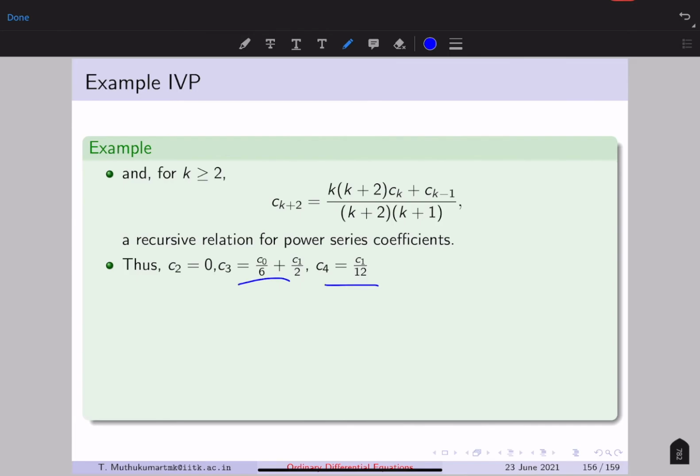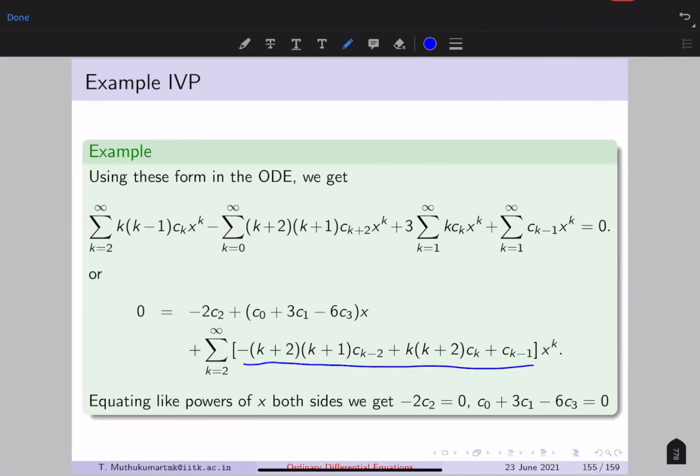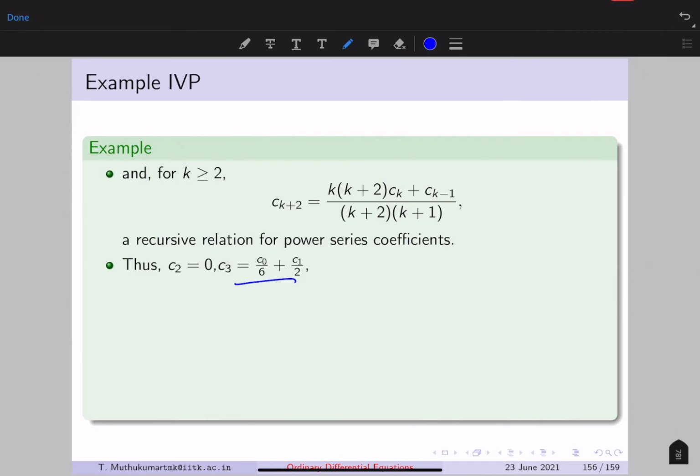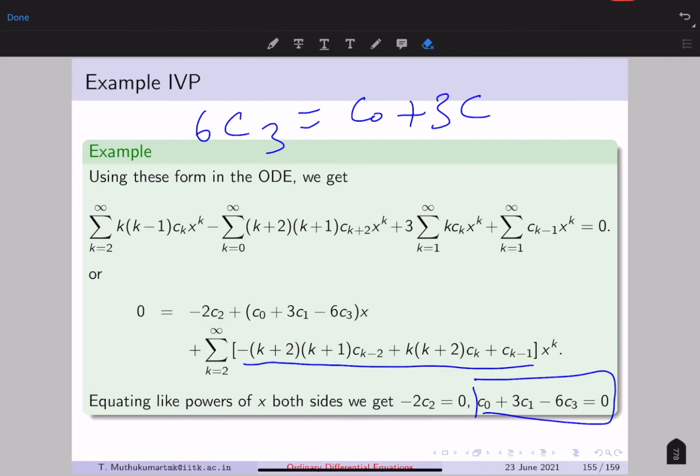c3 is from what we wrote before. If you use this equation here, 6c3 equals c0 plus 3 c1, which is c3 equals c0 by 6 plus c1 by 2, right?